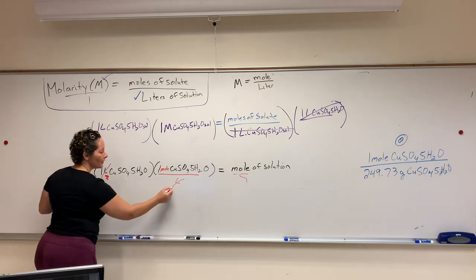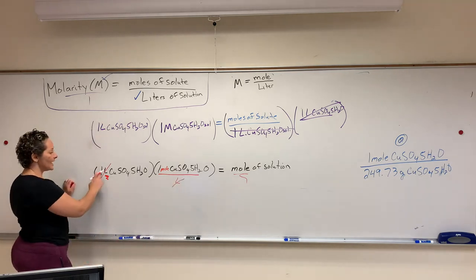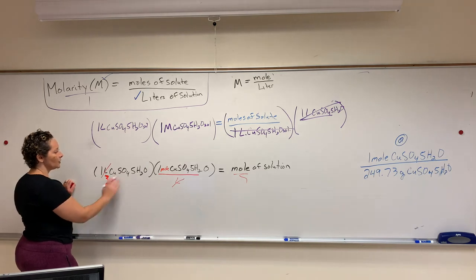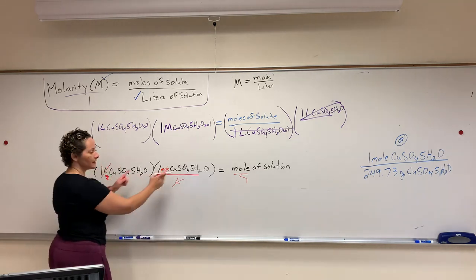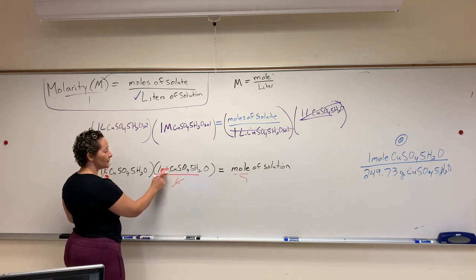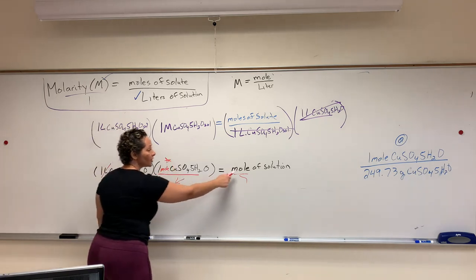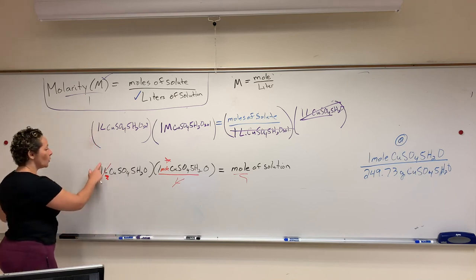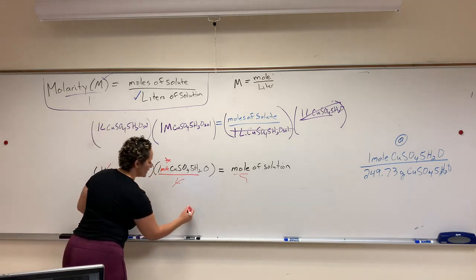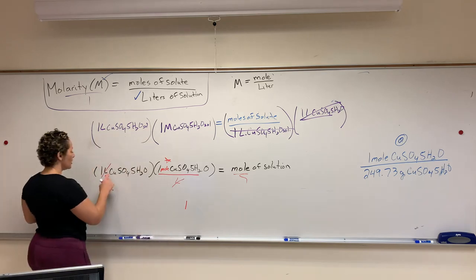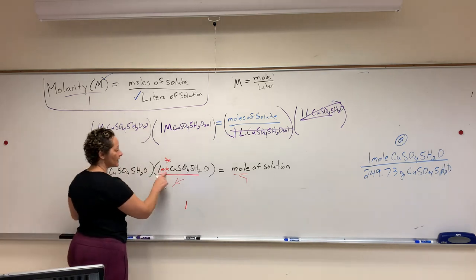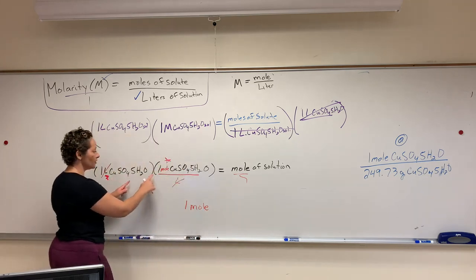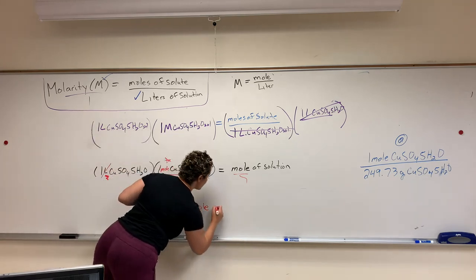Yeah, cancel liters. I can't cancel the number 1. The number 1 is a number there, okay? So with that, it's all the same label. So you're left with moles. Aren't I trying to solve for moles? Yes. Okay. Now, 1 times 1 is 1. No label. Label is moles. And then of course you have your CuSO4·5H2O.